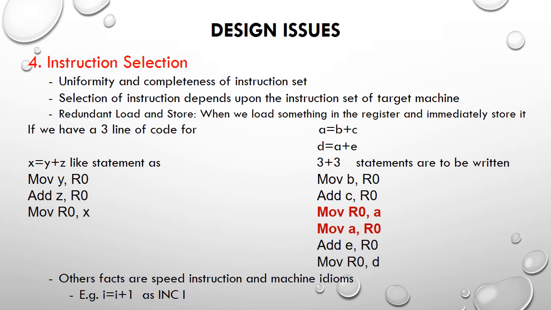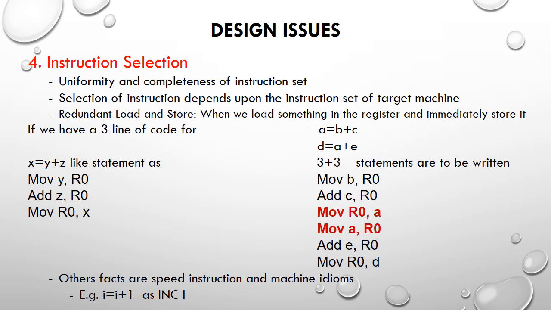Out of these 6 statements, look at statements number 3 and 4, which are shown in red. First you are transferring the value of r0 to a, and then in the next statement you are moving the value of a to r0.